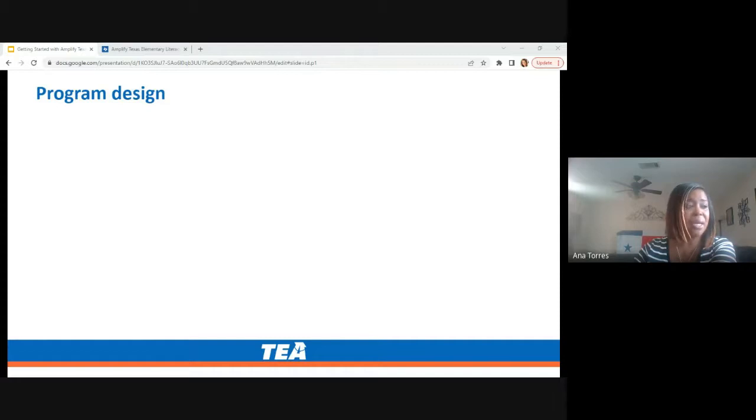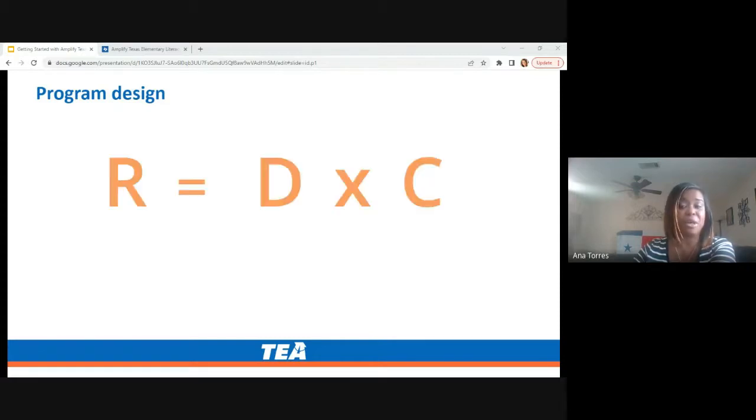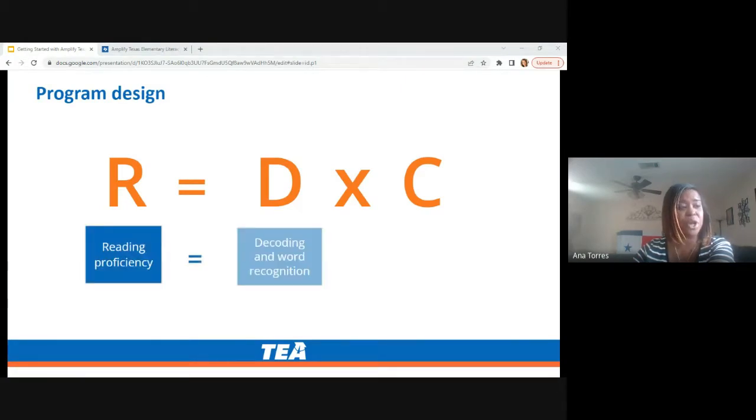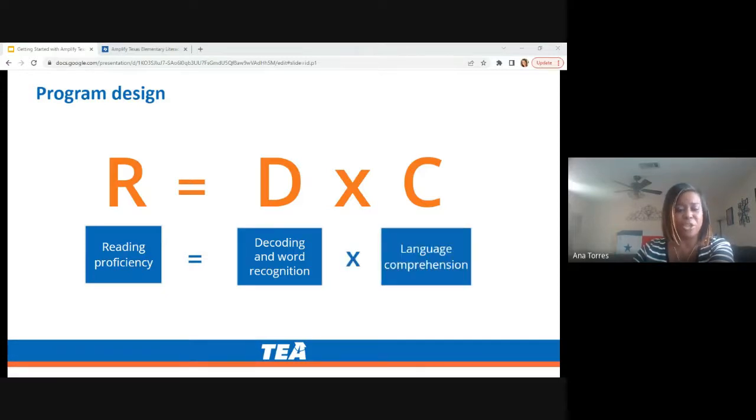So reading is a combination of the ability to decode, actually sound out and read words on a page, and comprehend or understand what those words mean. So we're looking at reading proficiency equals decoding and word recognition times language comprehension.